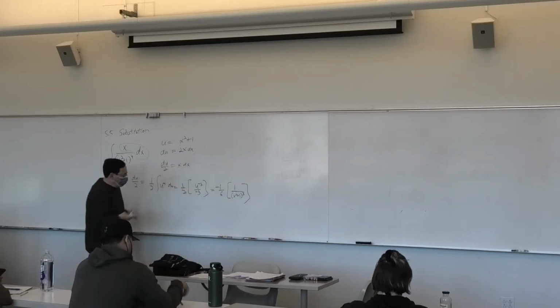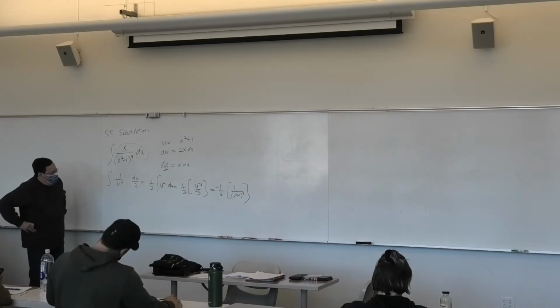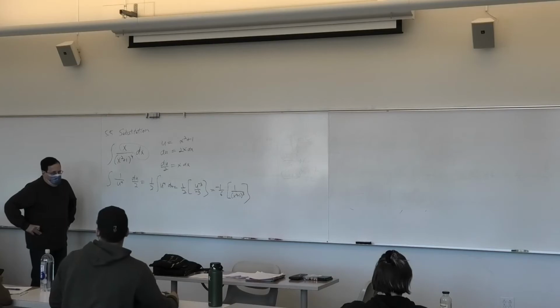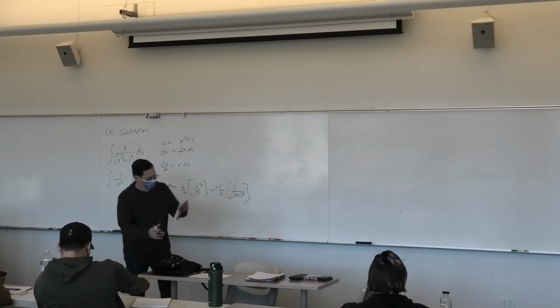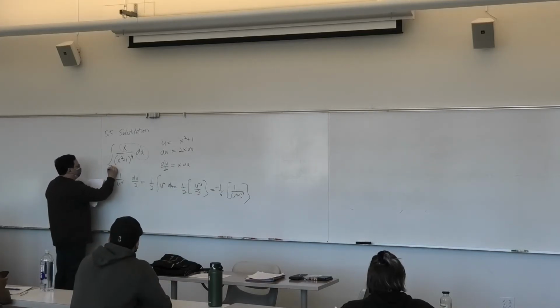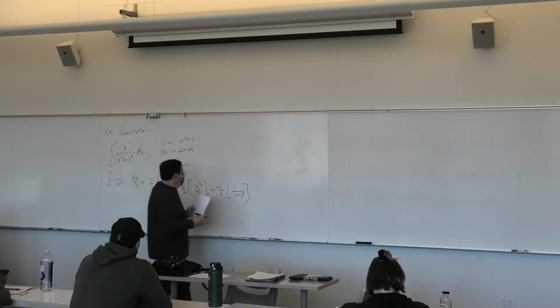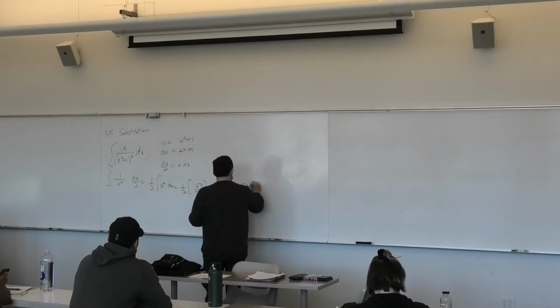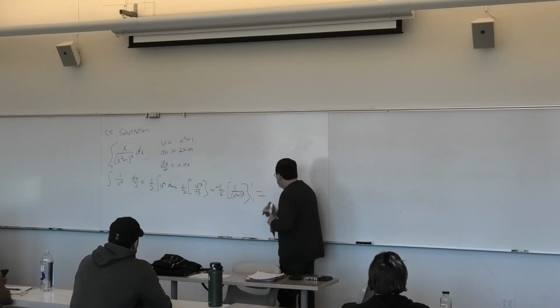Now, as it turns out, the problem they actually wanted us to do here is a little bit more. They wanted this as a definite integral, which, okay, that's not that hard to figure out at this point.